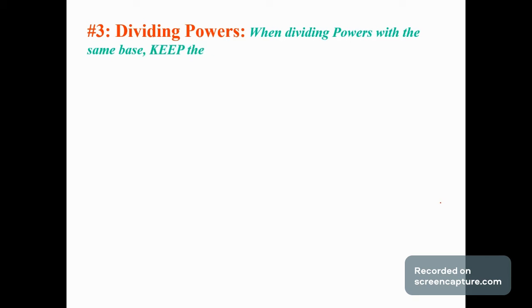The third law is dividing powers. When we divide powers with the same base, same base, we keep the base and we subtract the exponents. If you remember in our earlier slide, if they have the same base and we multiply, we add the exponents.